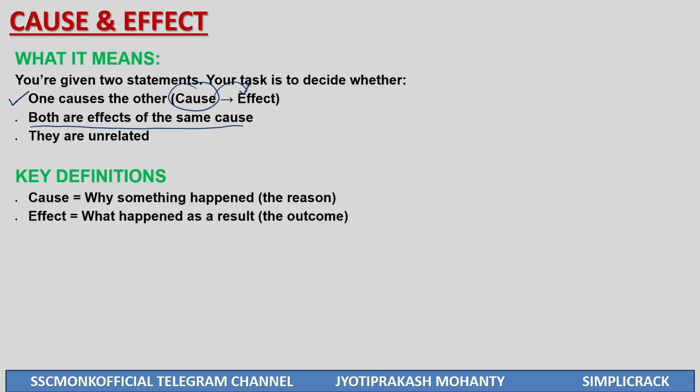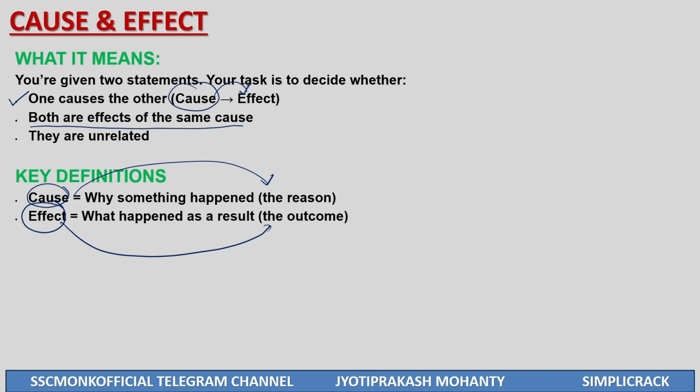Okay. Now, how would you define what is cause? Cause means what? Why something is happening. That is the reason. Effect means what? Effect means because of that cause, this happened. This is the outcome. This is the end result. Cause is the reason, effect is the outcome.